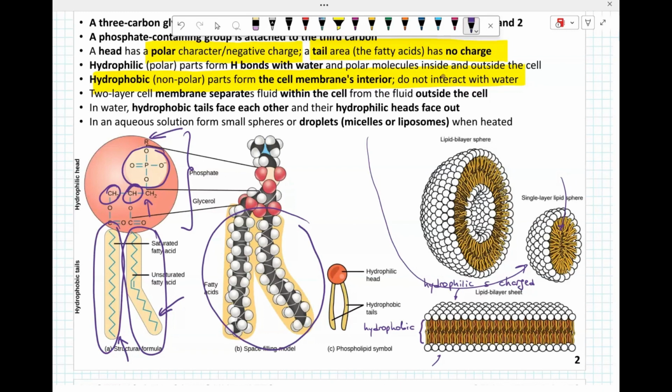In some cases, you can actually produce a structure called a liposome, on the left, which looks like a spherical phospholipid bilayer.